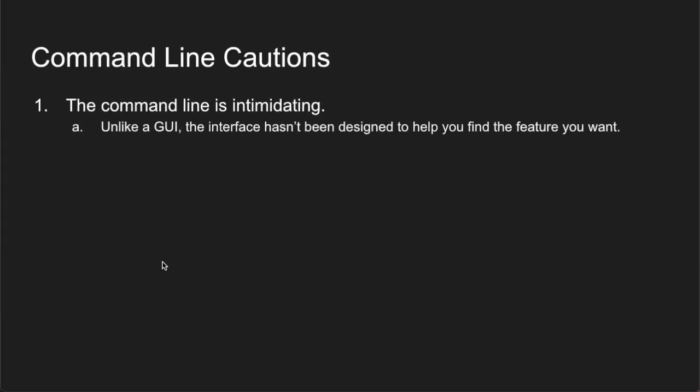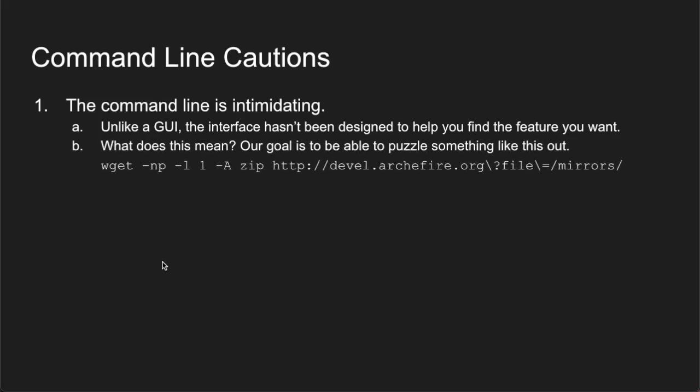So that can be intimidating. Part of the reason for this class is to show you some of those things so that you do not have to face down that kind of cliff in learning. And yes, it can be a cliff, but once you start learning things, it becomes a little bit easier. For instance, here's a command.